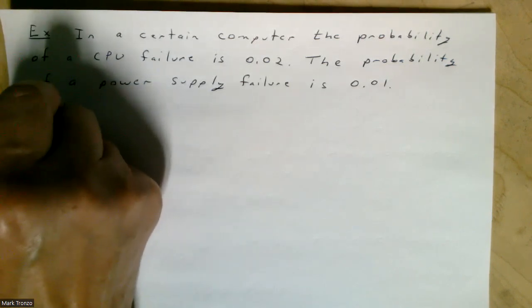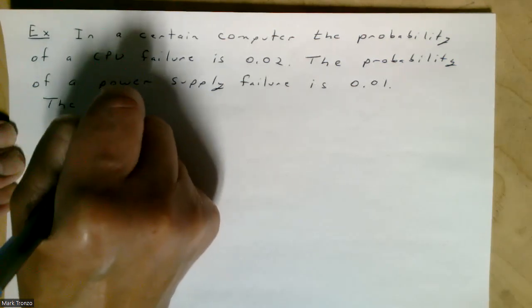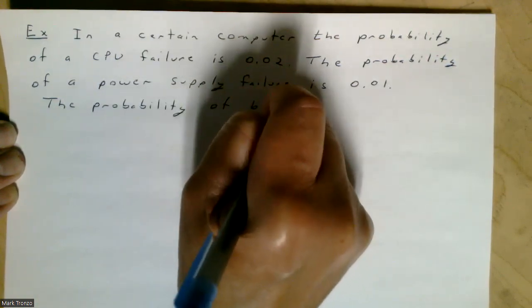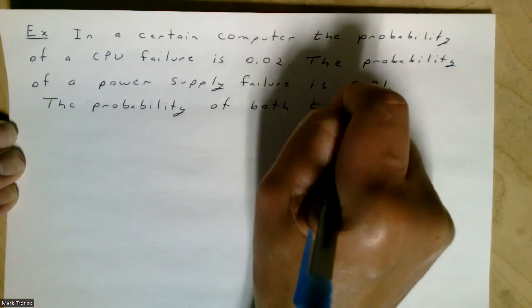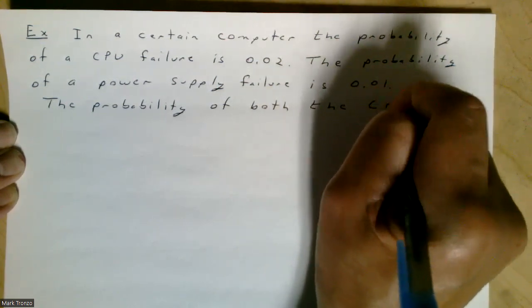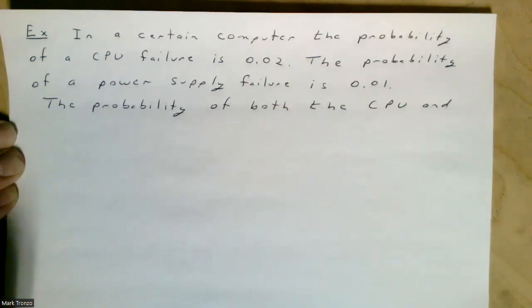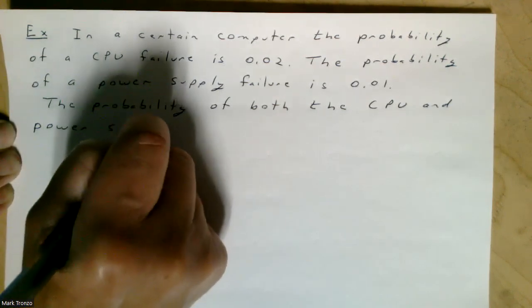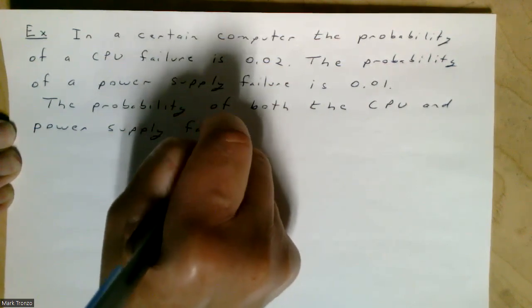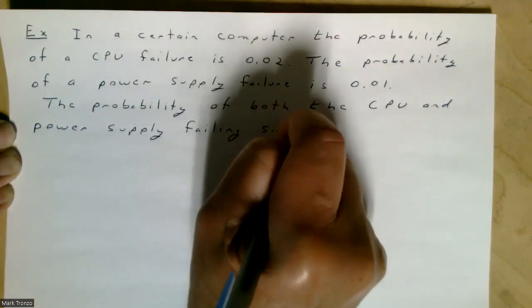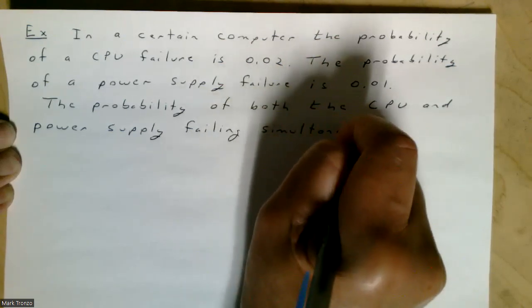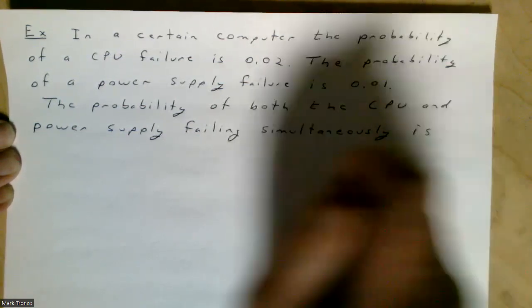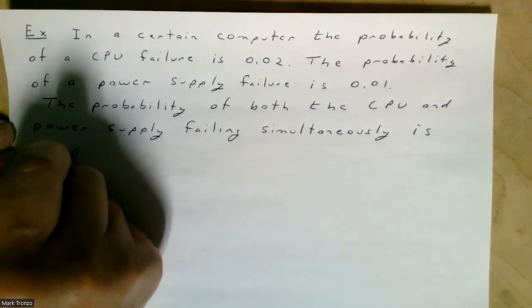The probability of both failing simultaneously is 0.0014.